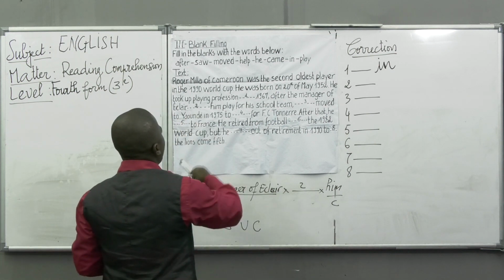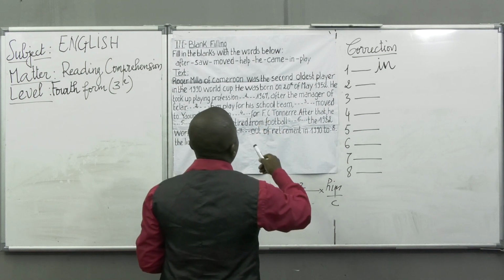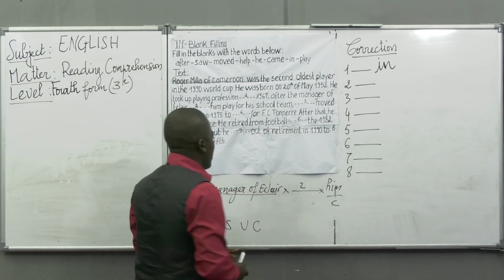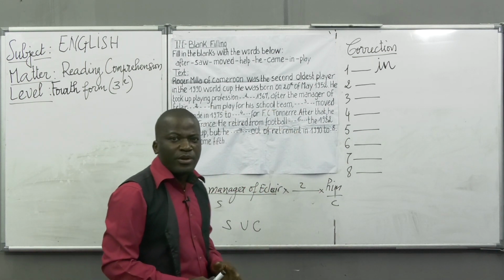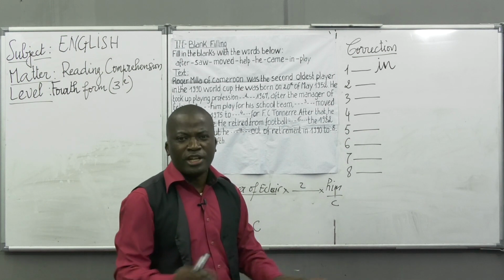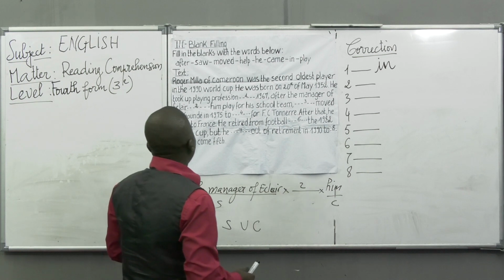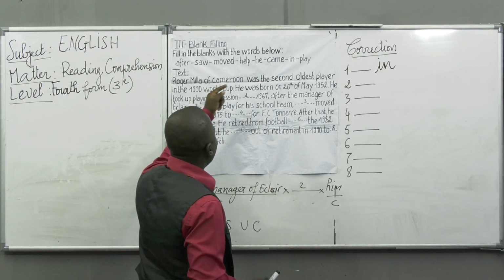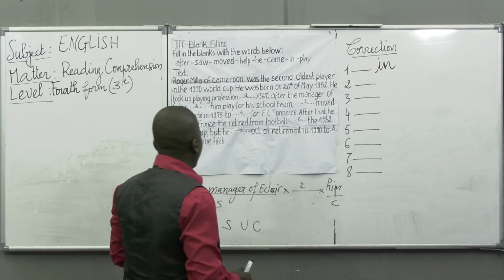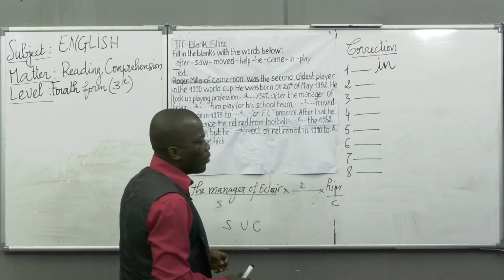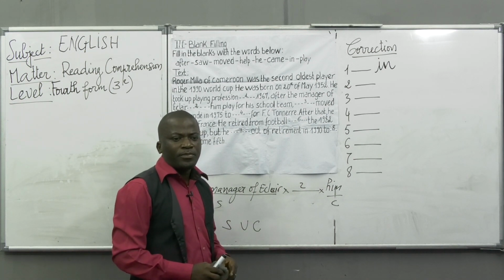We have saw, moved, help, came, play. As the text is in the past, we cannot take a verb in the infinitive. Then we take a verb which is conjugated. What are the conjugated verbs? Saw, moved, came.